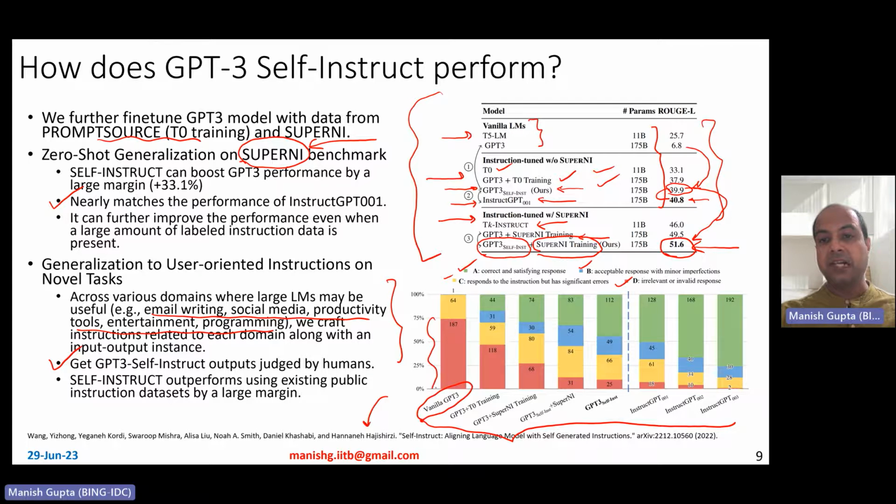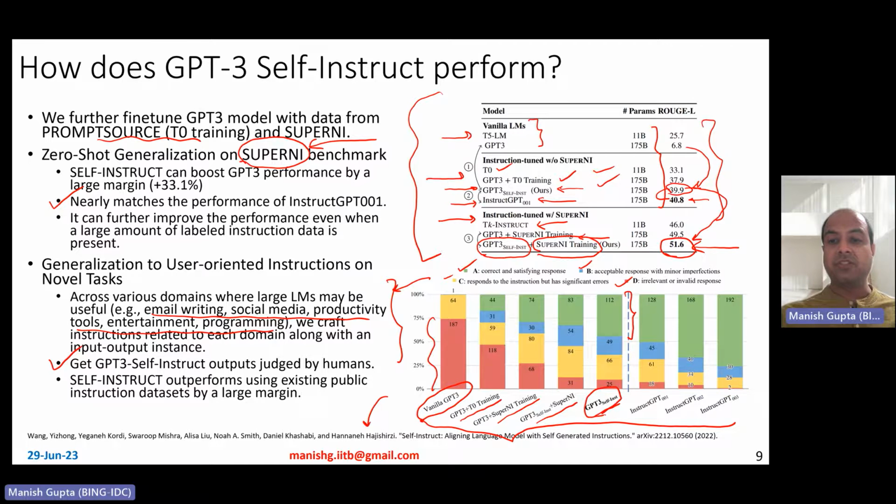Most of their responses are invalid or irrelevant responses on these hard, or tailish intents of NLP tasks, right? On the other hand, as you do this instruction fine-tuning using T0 data or Super NI data or self-instruct with Super NI or just self-instruct itself, what you observe is that the overall number of good responses, of the good outputs that are generated, is much higher with GPT-3 self-instruct.